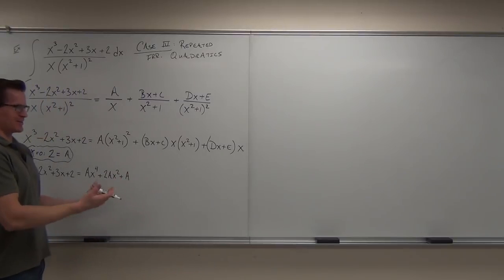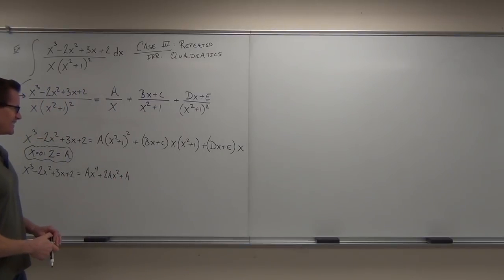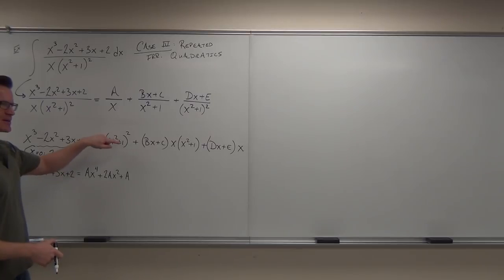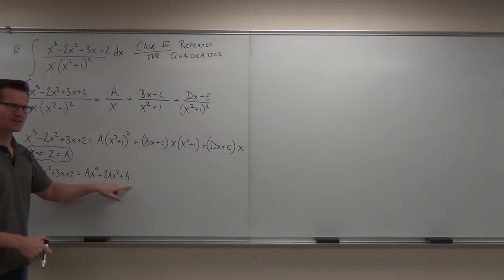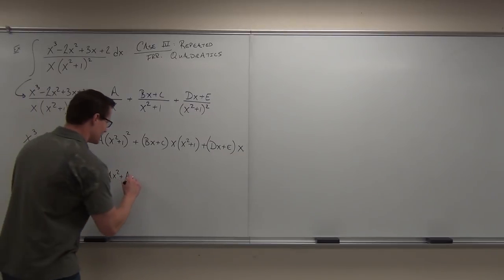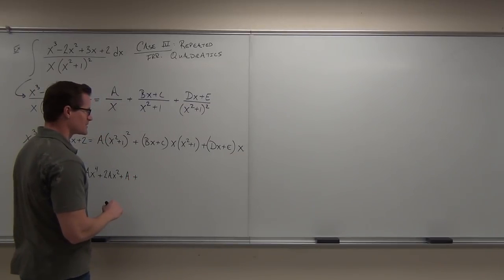What about just the first one? Are we good? X to the 4th plus 2x squared plus 1, and then A. Did you get the first thing like this too? Yeah. Okay. I know it's going to be a plus, so let's see.